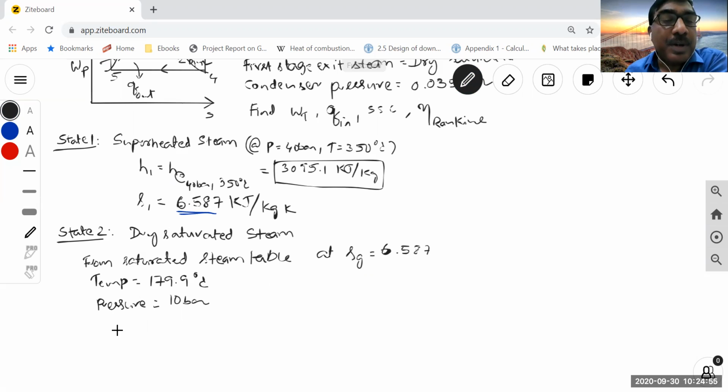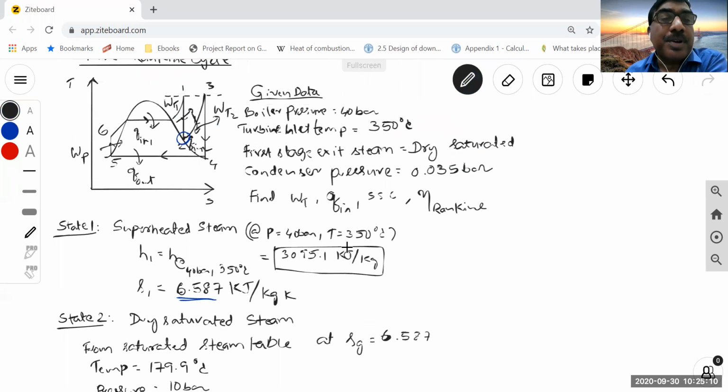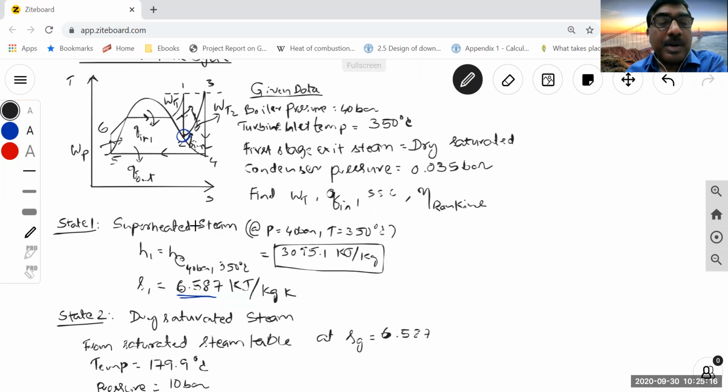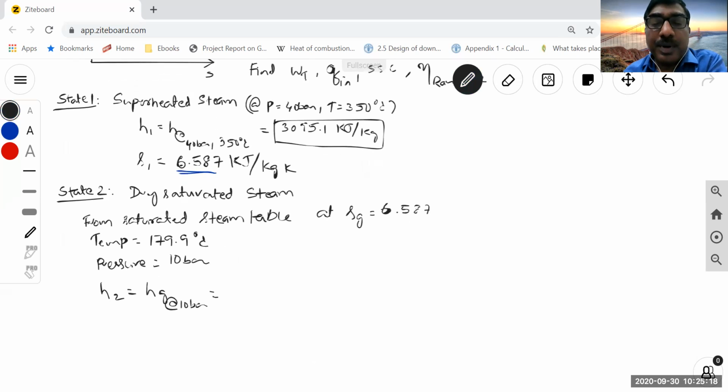Now we have to find out what is the enthalpy at this particular state 2. H2 is nothing but Hg at 10 bar, because 2 is the saturation point. The enthalpy at this particular point is equal to the Hg at 10 bar. So what is that value?